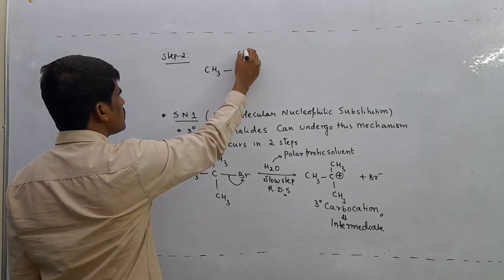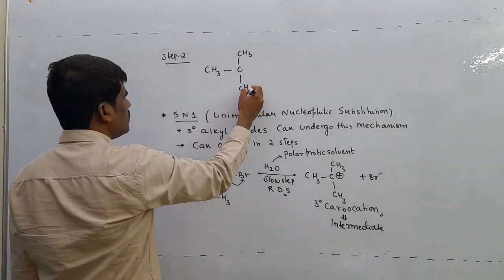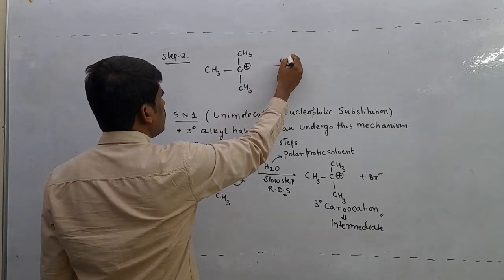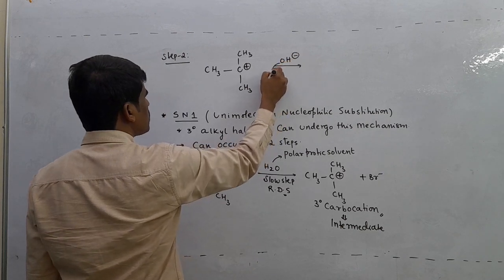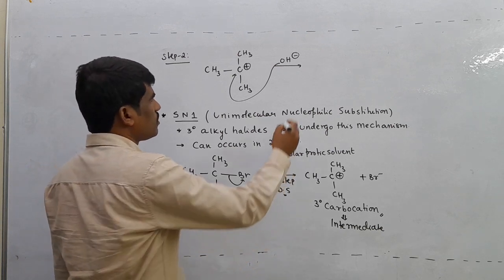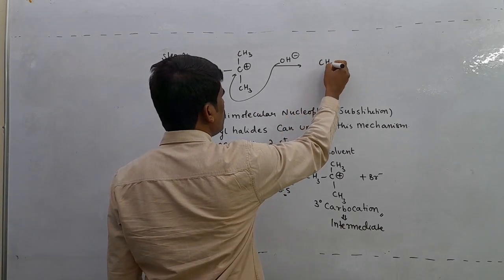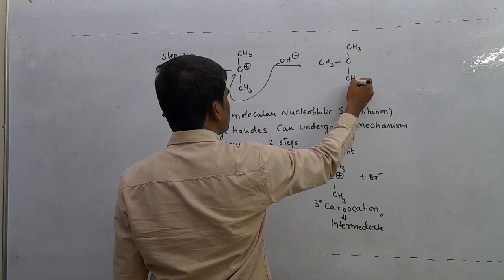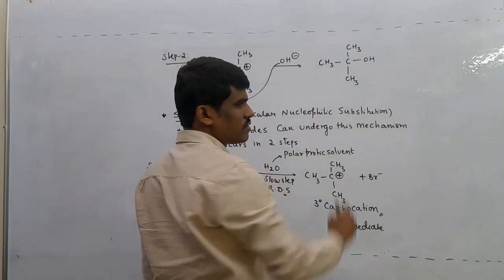CH3, CH3 plus, and a nucleophile attacks onto the carbon. So we are going to produce CH3, CH3, CH3, OH.